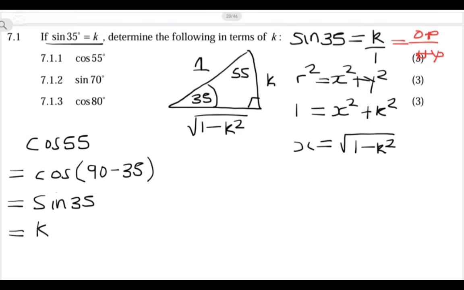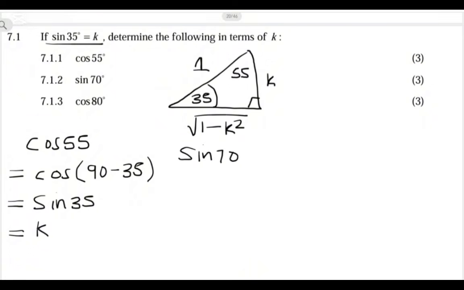So now we can move on to 7.1.2. They're looking for sine of 70. How can we do this one? We have two ways to do it. We can do it by using the compound angles or the double angle, because if you take your calculator and say 2 multiplied by 35, it's going to give you 70.